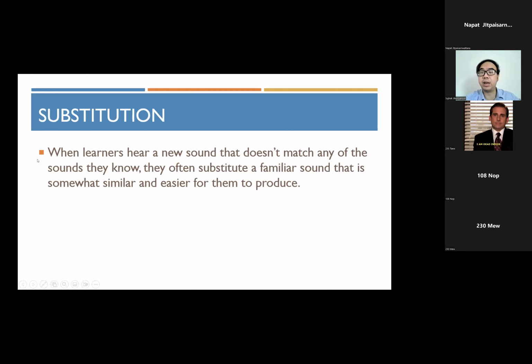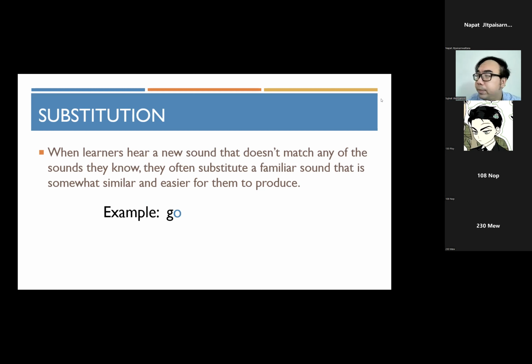And the substitution. Substitution is when you substitute a sound that you are not familiar with with your native sound. Like this word, how would you pronounce this word? Go. Or go, right? In English, it is a diphthong. In British, it is go.